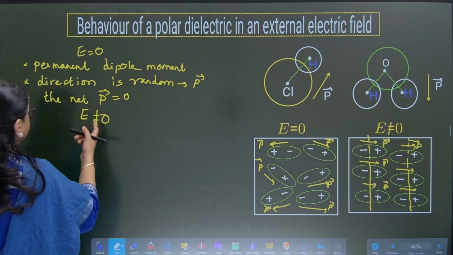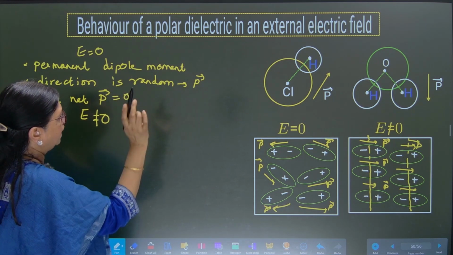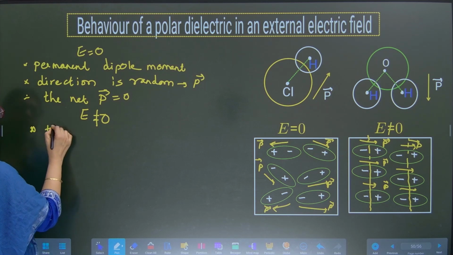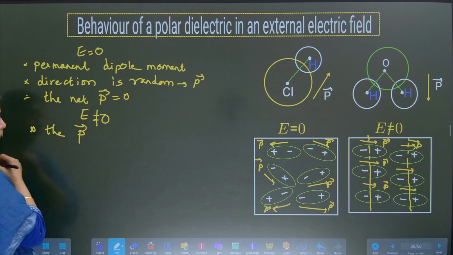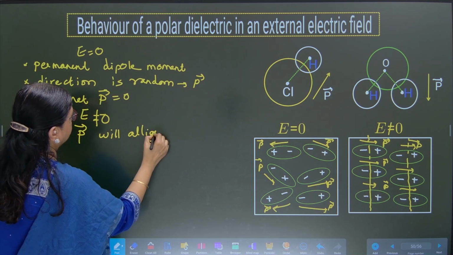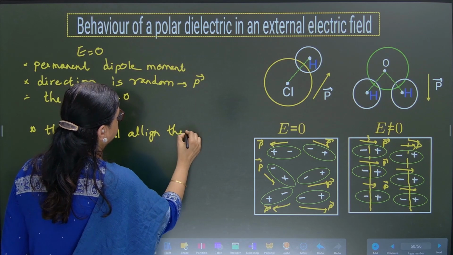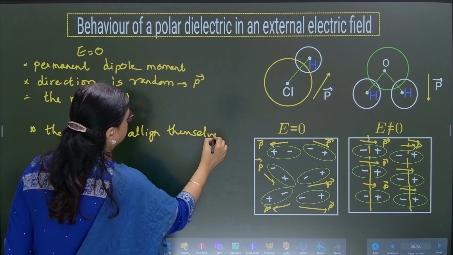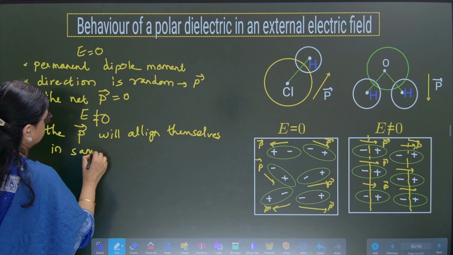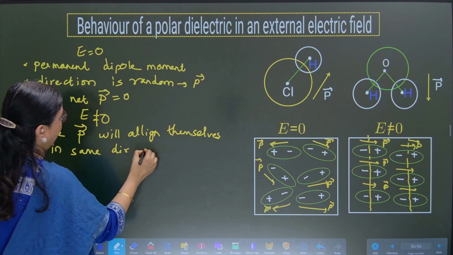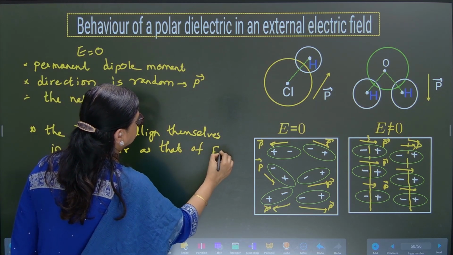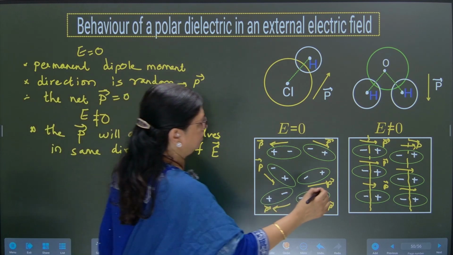Okay, so as soon as I place the polar dielectric in the presence of external field, the dipole moments will align themselves in the same direction as that of the external electric field.